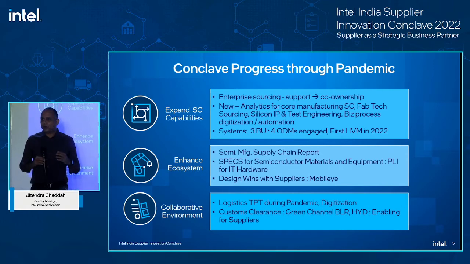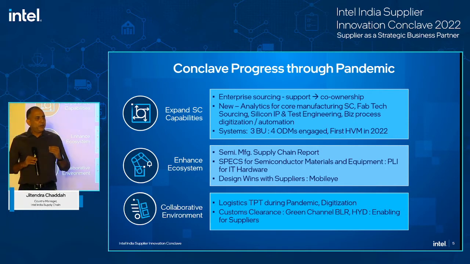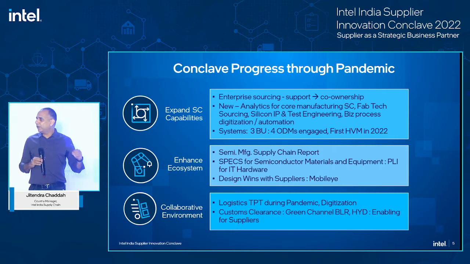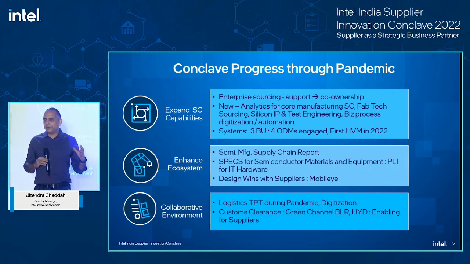So a lot of those functionalities, for the first time, we have the Fab technology sourcing team doing the sourcing analytics and the sourcing support, out of India. This team was not there 18 months back. So those are some of the challenges that were given to the supply chain team. We took them and have done some work on it.